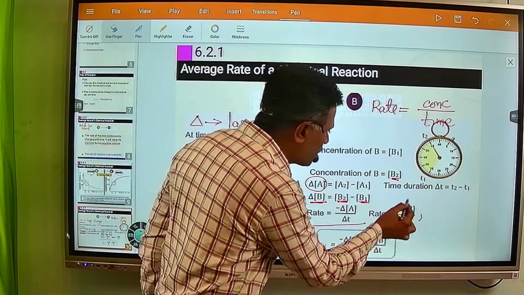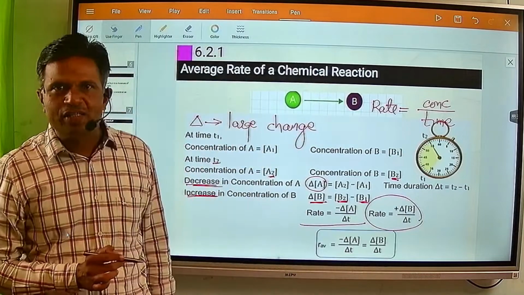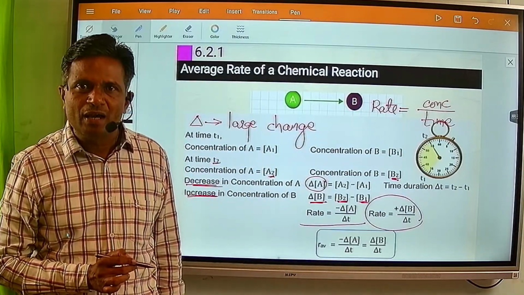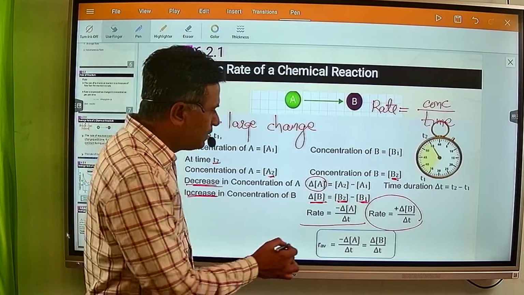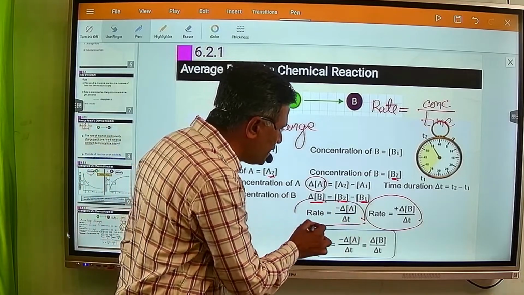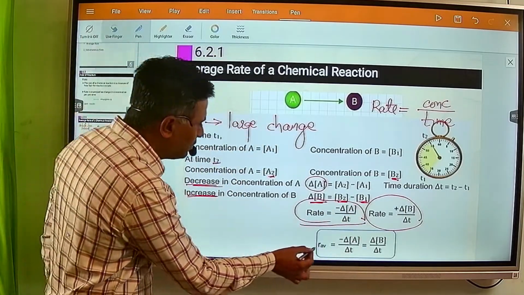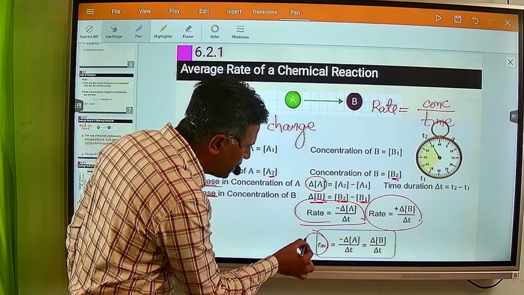With respect to product, the rate of reaction is equal to plus delta B upon delta T, and these two ways are called the average rate.